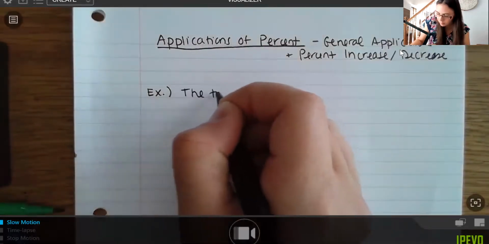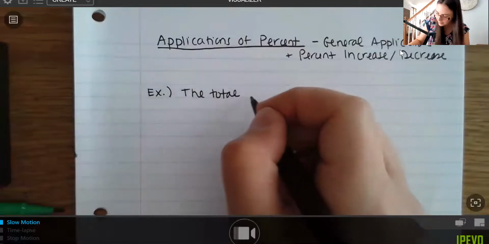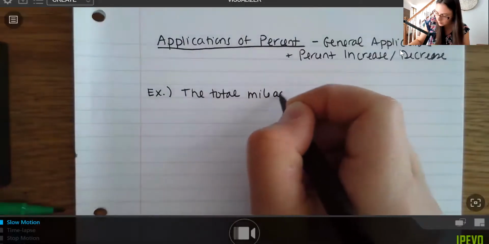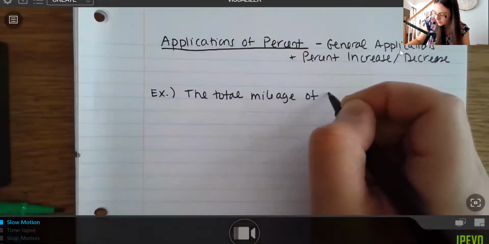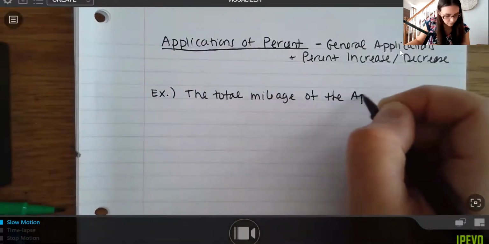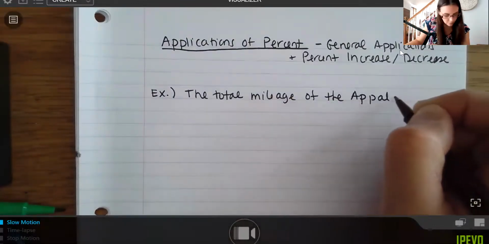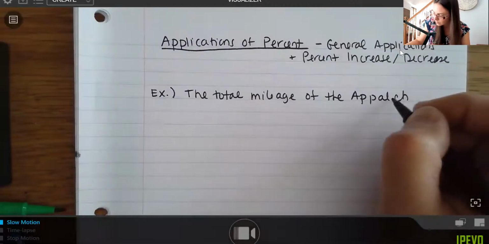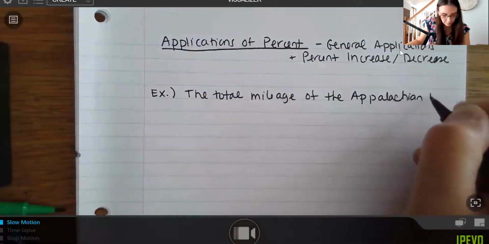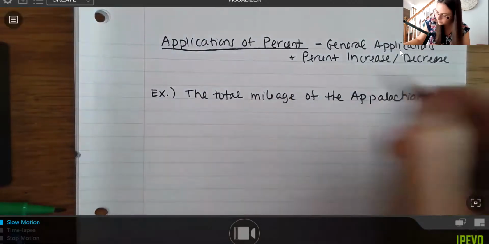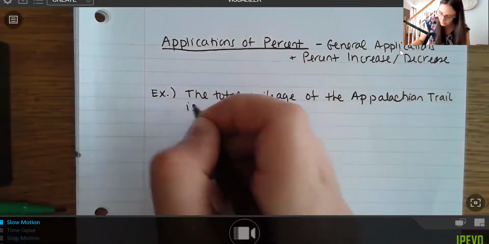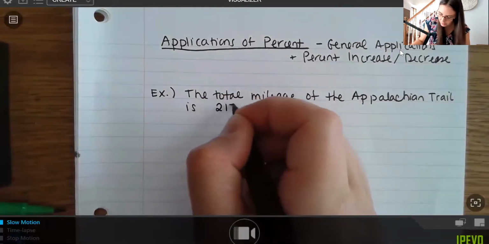The total mileage of the Appalachian Trail is about 2,174.